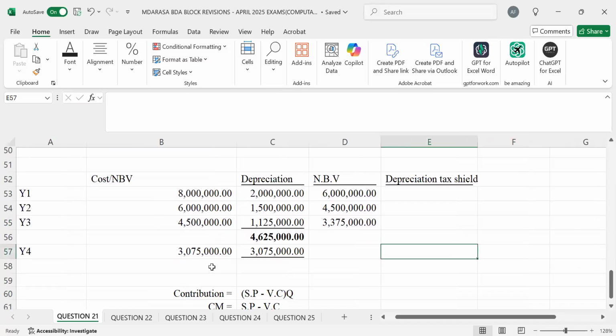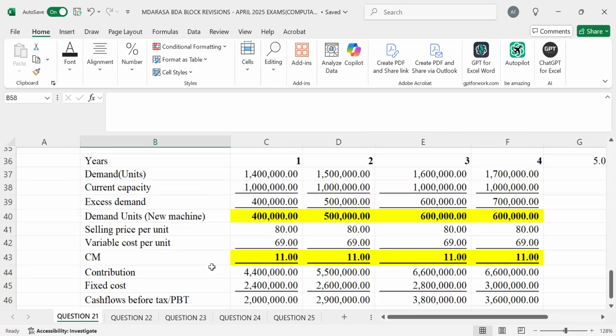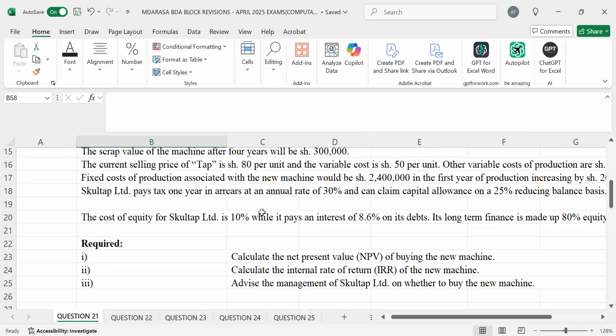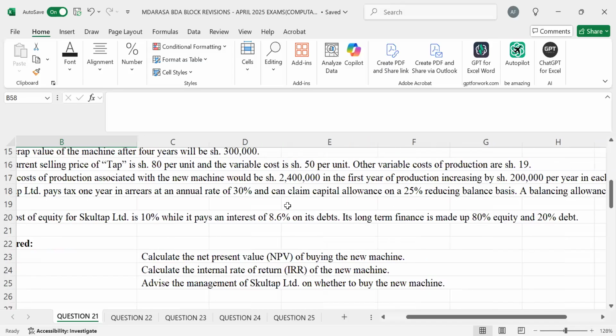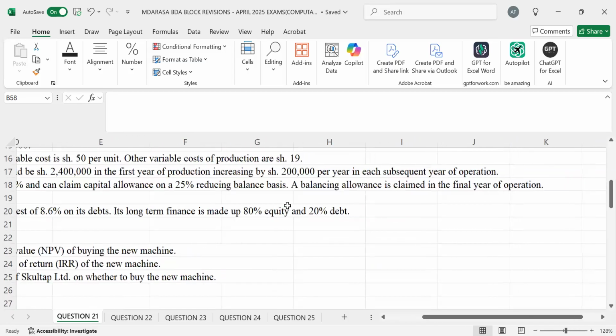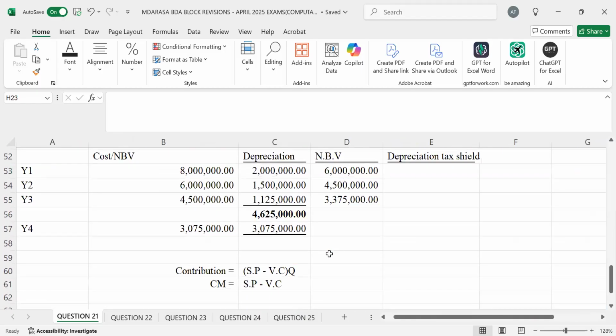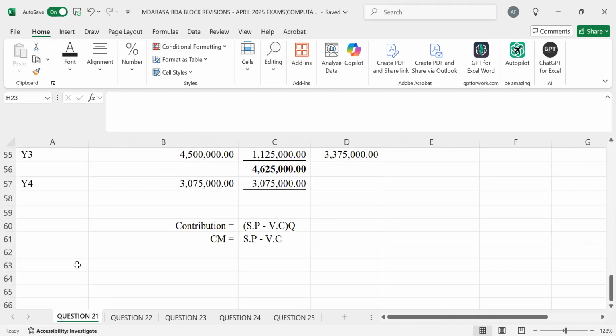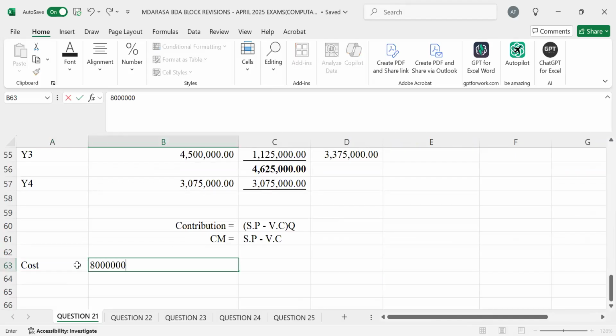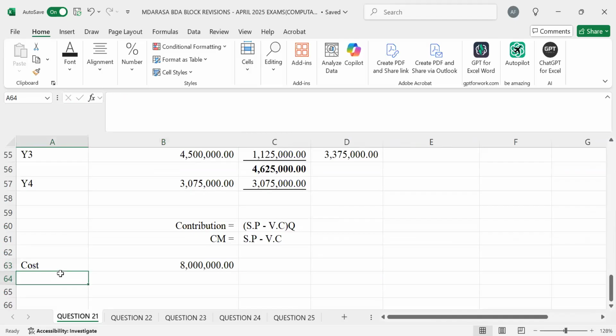Sure, no worries. So year 4, based on this statement that you're given, that the company pays that tax, then the last statement says a balancing allowance is claimed in the final year of operation. So we need to determine for year 4 what value of this machine has remained. The cost of this machine was 8 million. It had a scrap value at the end of 300,000.